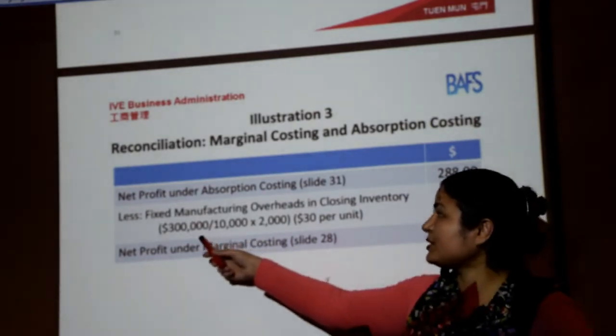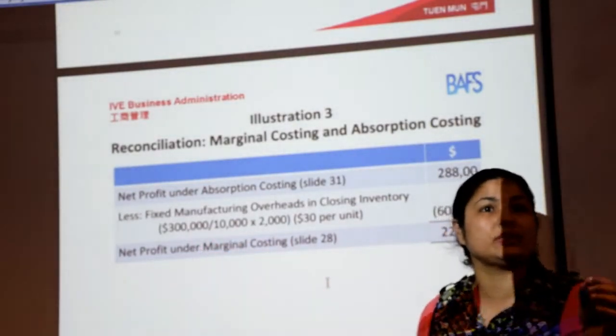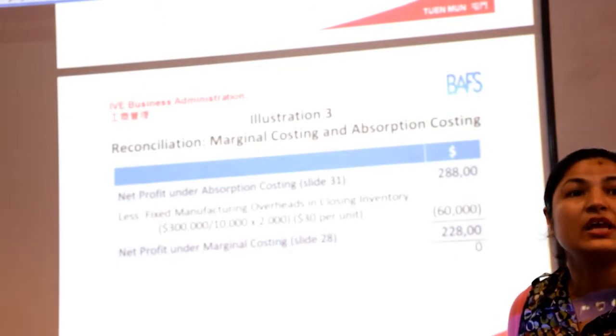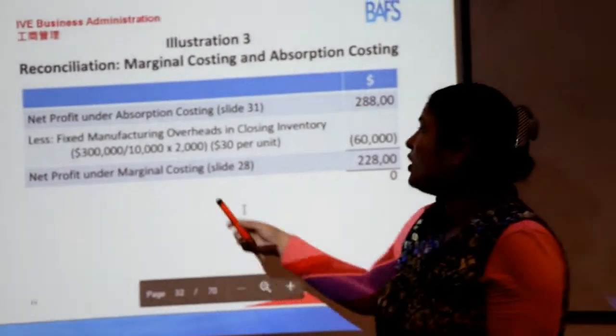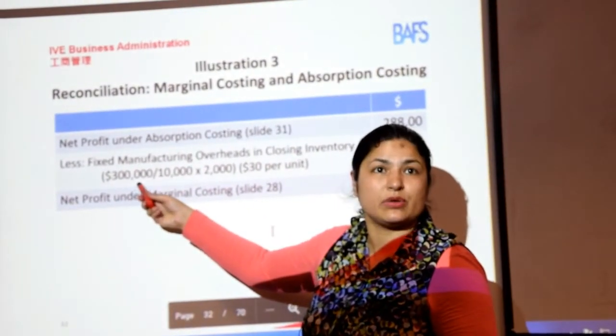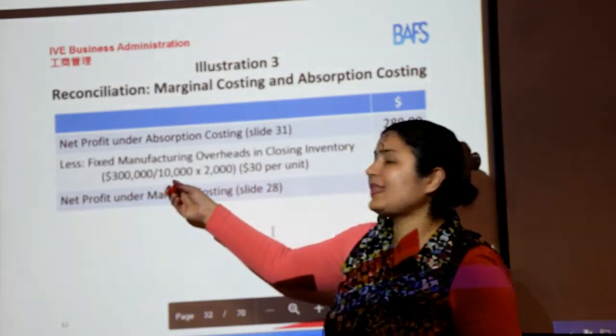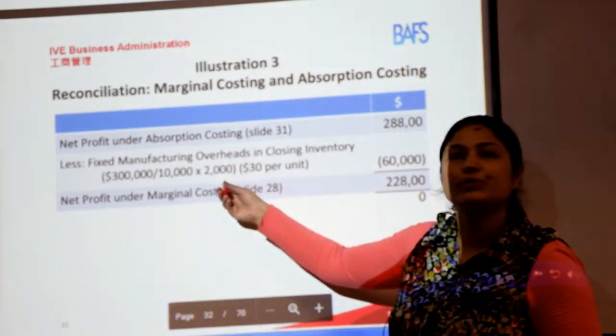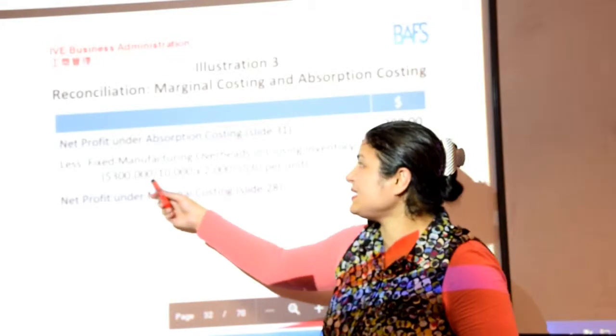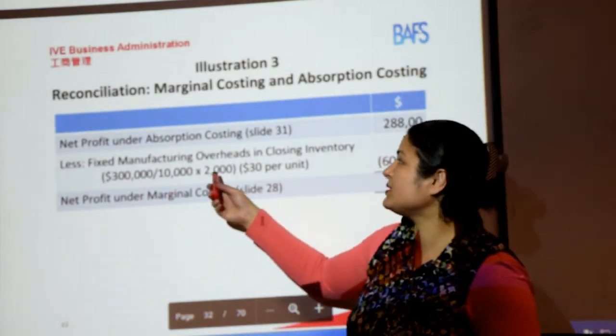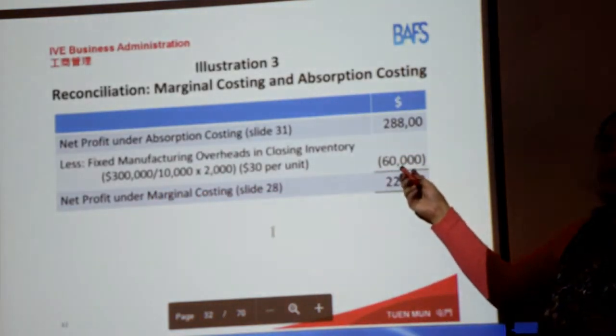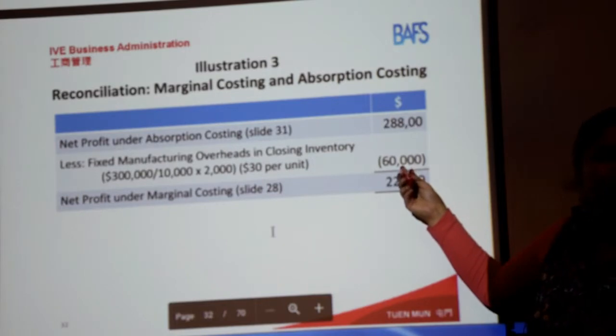So if we go back to the original question, it says the total fixed manufacturing overheads for 10,000 units was $300,000. If that is for 10,000 units, how much is for 2,000 units? You divide it by 10,000 times 2,000, and it tells you that for 2,000 it's 60,000. Where did you get the 300,000?